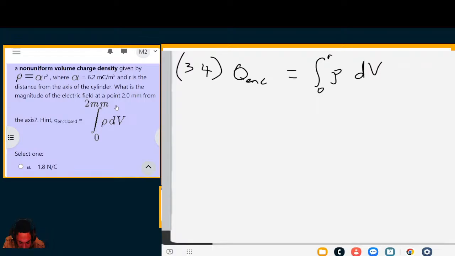Okay, that is the charge enclosed. That is what they told us. The charge enclosed is calculated using this formula.